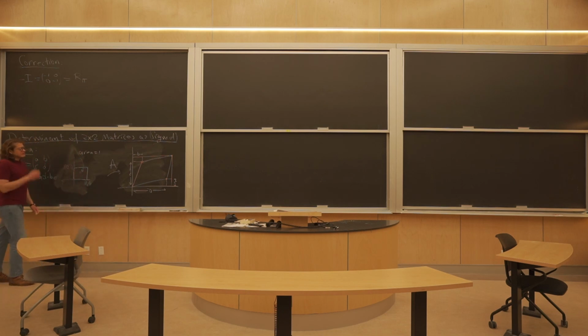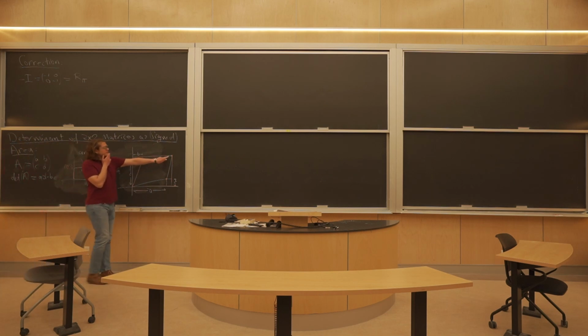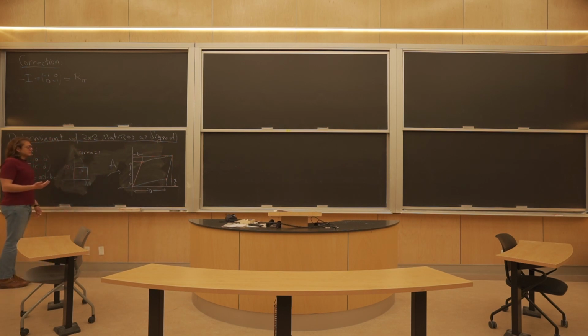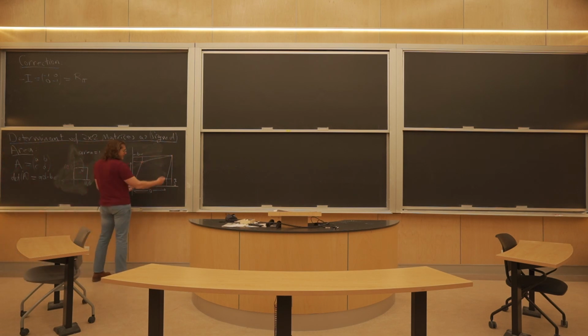Okay? And finally, note that the coordinates of this point are (a plus b, c plus d), because I obtained this point by adding this particular vector to this particular vector. So that means that this whole length is a plus b, which means that this has to be b.